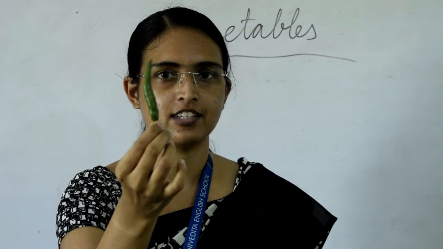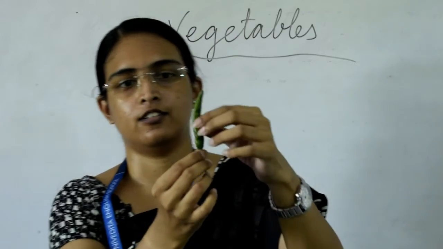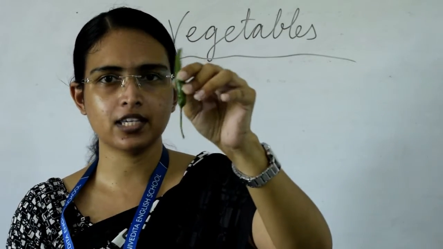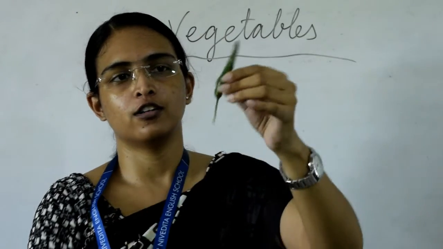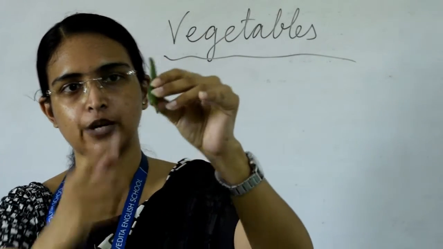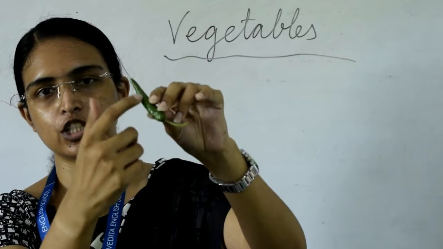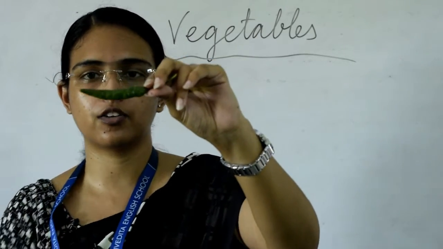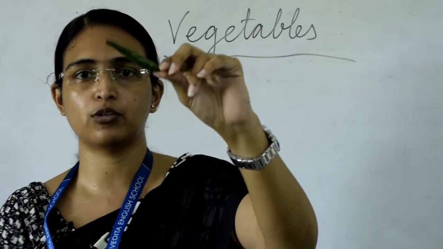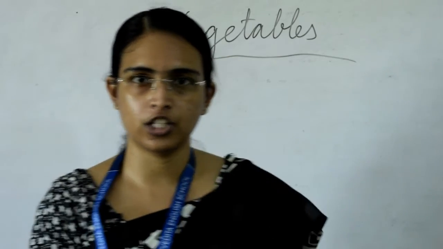It's very spicy, right? Is it very spicy or sweet? It's very spicy, right? So this is also a vegetable. And what is the color of a chili? This one is green color, but we can see red color chili also.